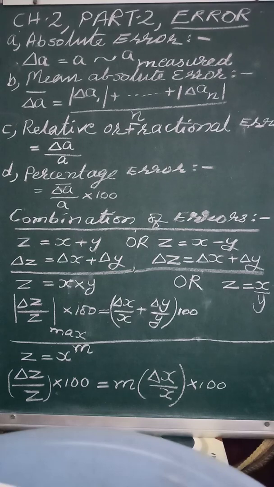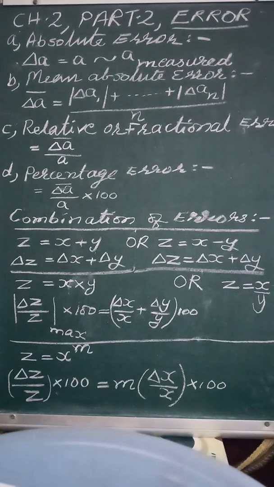Altogether, how many digits we get, its figures is called the significant figures. So in the significant figures, all the accurately measured digits will be there, and the first doubtful digit also will be there.